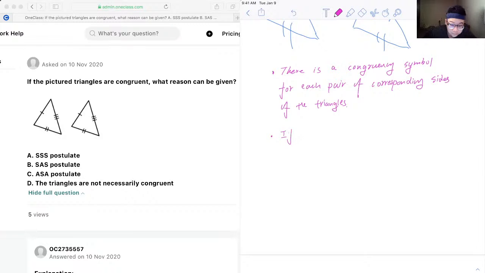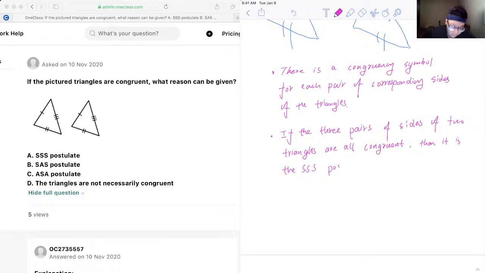So if these three pairs of sides of two triangles are all congruent, that is the SSS postulate.